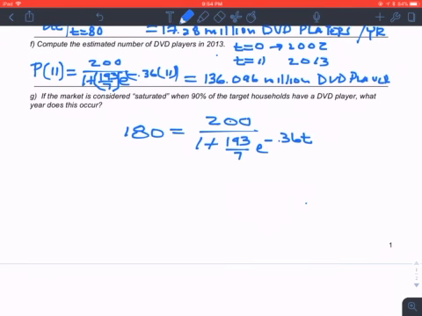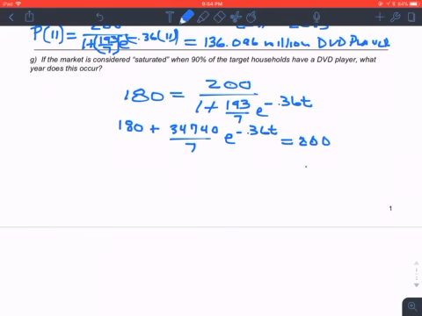I'm going to cross multiply, and then we get 180 plus, if I do 193 times 180, I get 34740 over 7 e to the negative 0.36t, and that's going to equal 200.